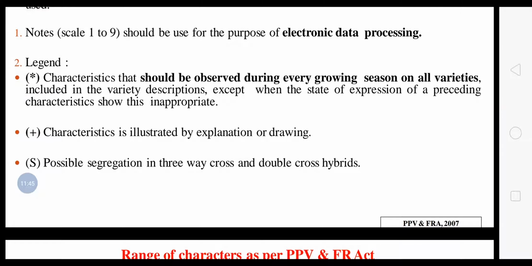Certain legends are used here, like asterisk, plus and S. Asterisk or star mark means it should be observed during every growing season on all varieties, and included in the varietal descriptions, except when the state of expression of a preceding characteristic makes this inappropriate. Plus is a characteristic illustrated by explanation or drawing. Then S means possible segregation in three-way cross and double cross hybrids.